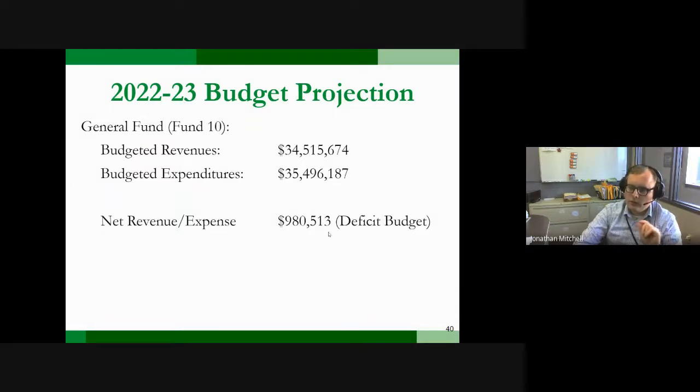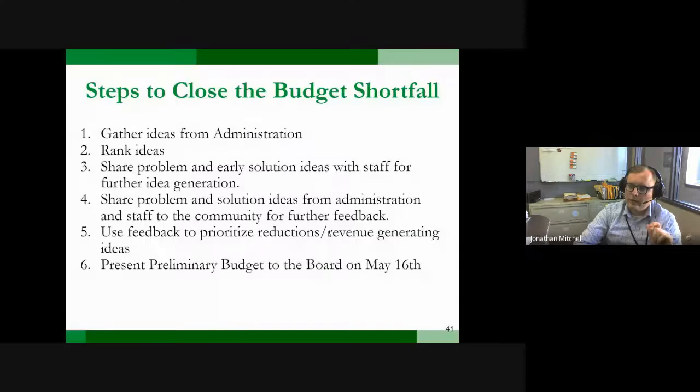And so as we get that information, that gets us to our last step in getting to a balanced budget. So we start with a deficit budget of $980,513. Our process is to gather ideas from administration, rank those, share our problem and early solution ideas with staff for further ideas. We then shared that problem and solution ideas with administration and staff to the community for further feedback.